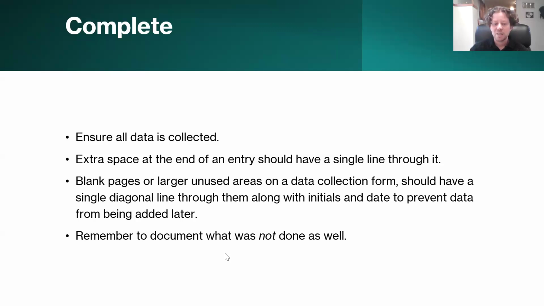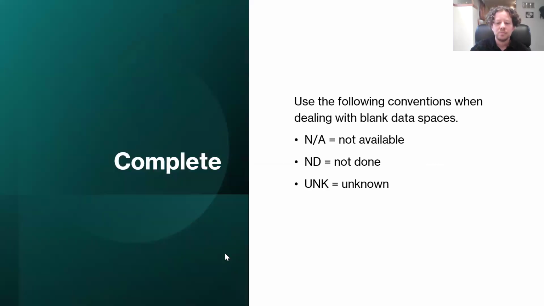If there's something that was missed, you really should document that it was missed and why it was missed. So keep in mind these conventions when you have those blank data spaces on a CRF. You can use NA for not available, ND for not done, or UNK if it's an unknown value.